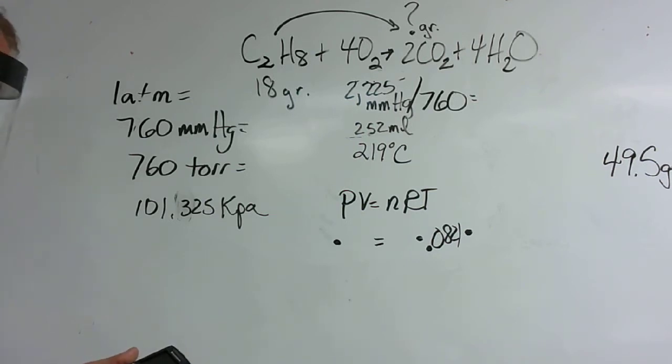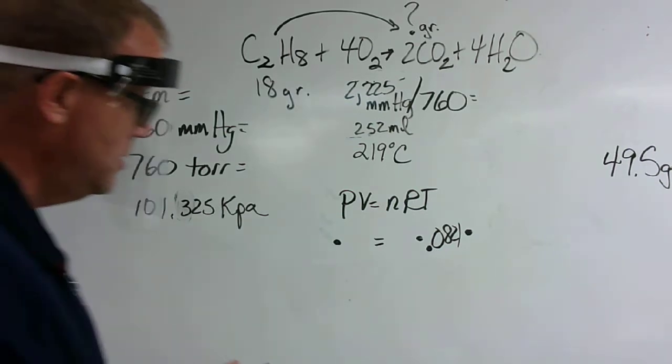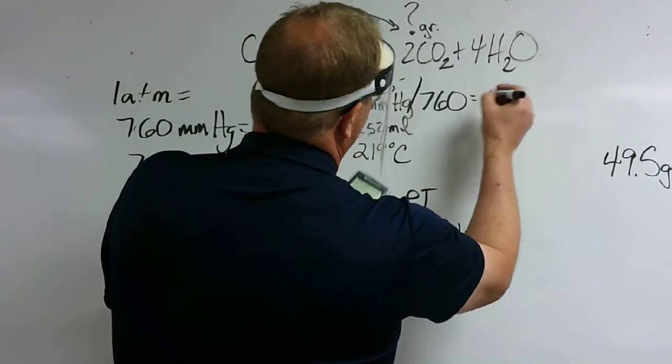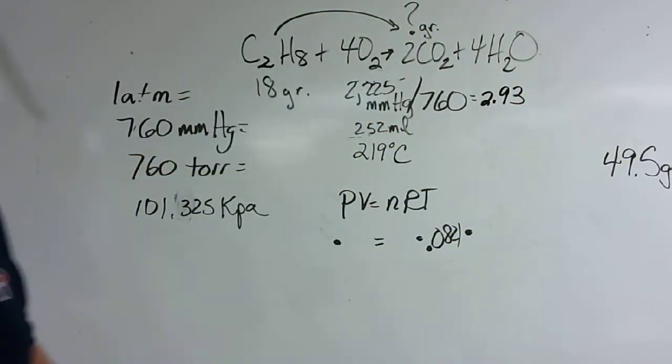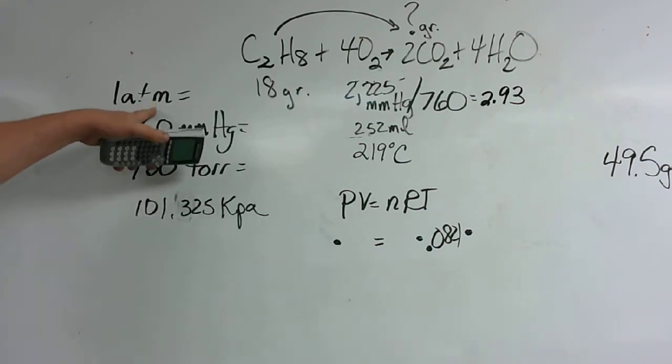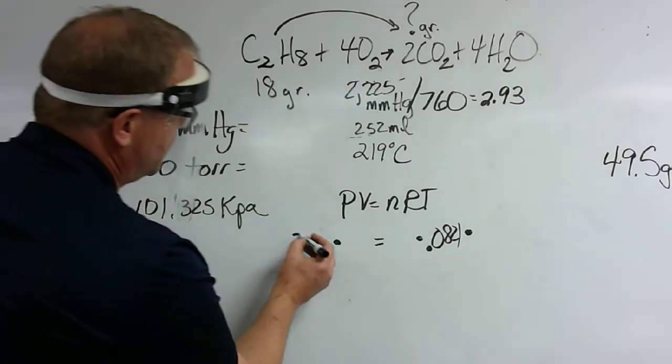So 2225 divided by 760. And we got, for this one here, 2.93. That is the number I can use because now it is converted to atmospheres. Okay? So when I see mmHg, just divide by 760. That gets it in your formula. 2.93.